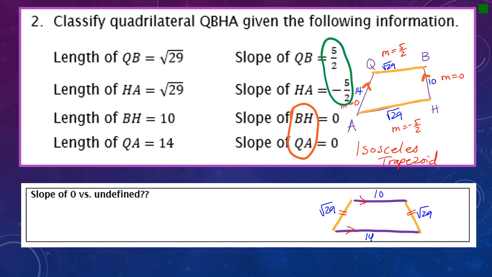All right, and now just a note about slopes, 0 versus undefined. The way that I drew my picture, I wasn't thinking about the 0 slopes there. 0 is a horizontal line. So that's something that you could use. Maybe it would have helped me draw my picture a little more accurately the first time. So I just want to remind you that if you have y equals a number as your equation, that is a horizontal line.